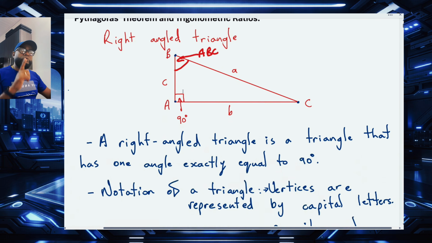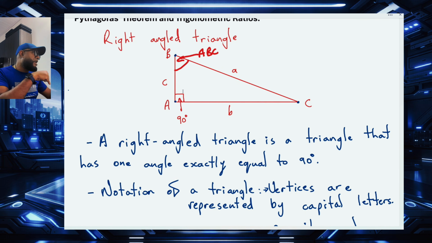Common B would be the side opposite to capital B, right? Where would common C be? If capital C is here, common C will be the side opposite. You all see it? That will be common C. Everybody clear there? Common A will be opposite capital A, right?